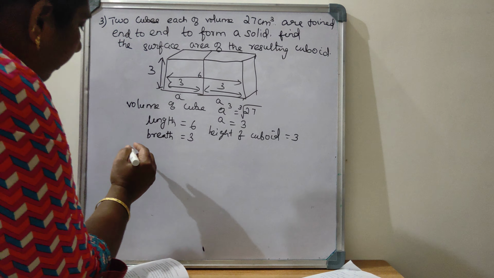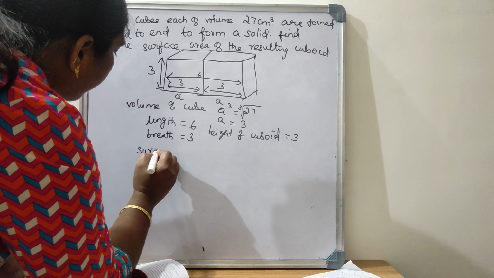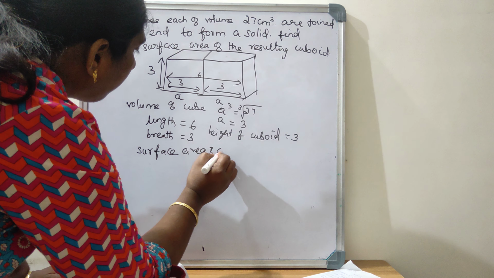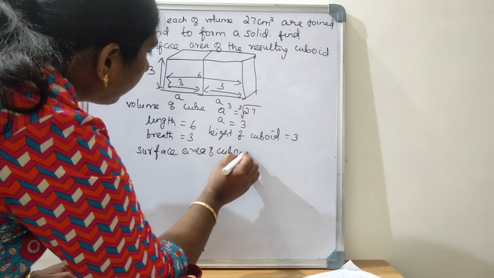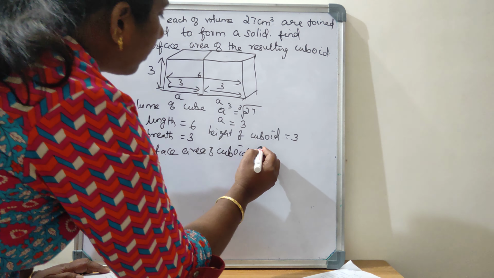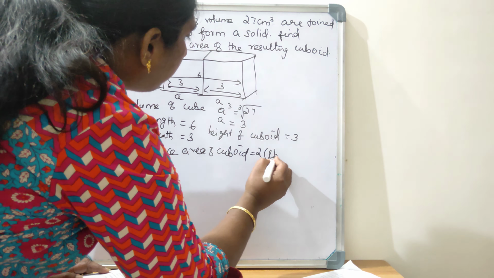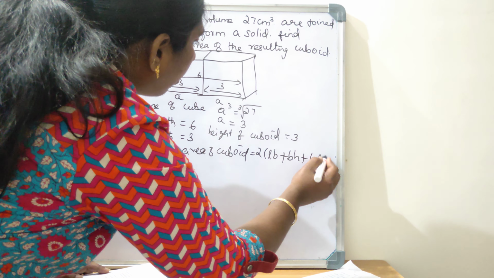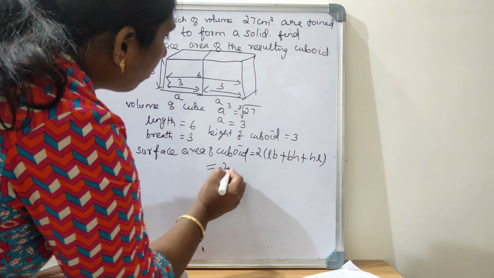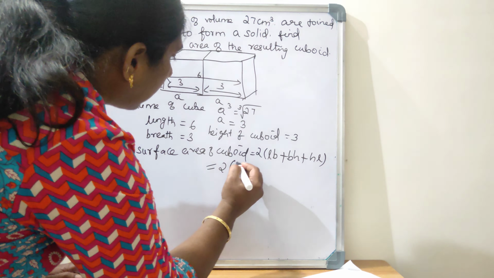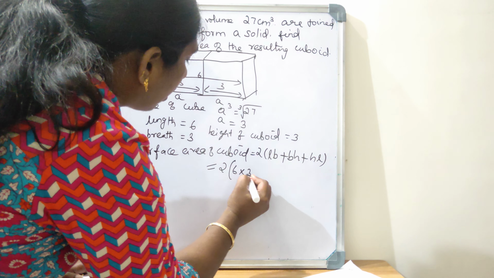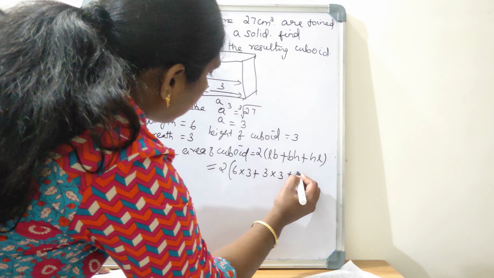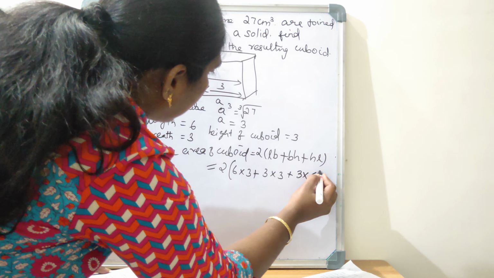And we know that surface area of cuboid is equal to 2 into length breadth plus breadth height plus height into L. So that is 2 into L is nothing but 6 into 3 plus 3 into 3 plus 3 into 6.